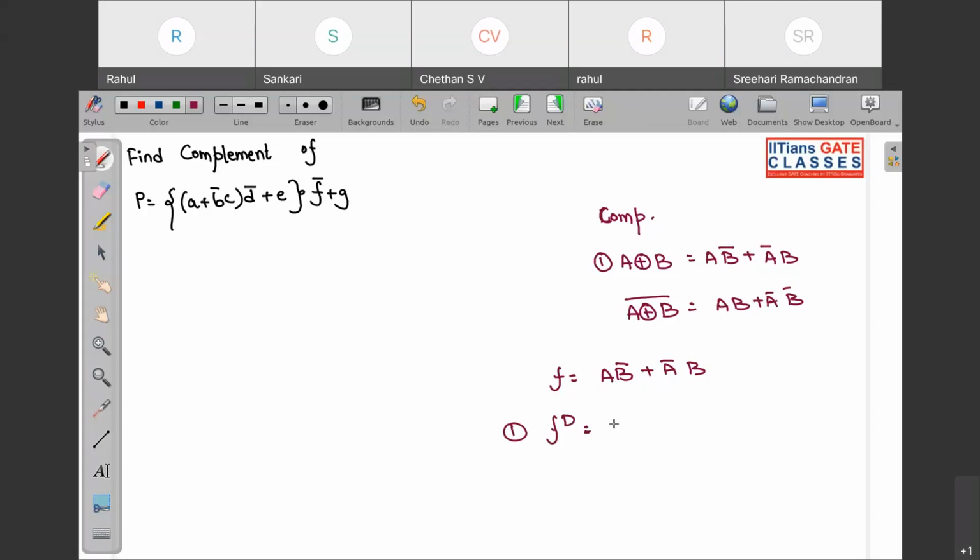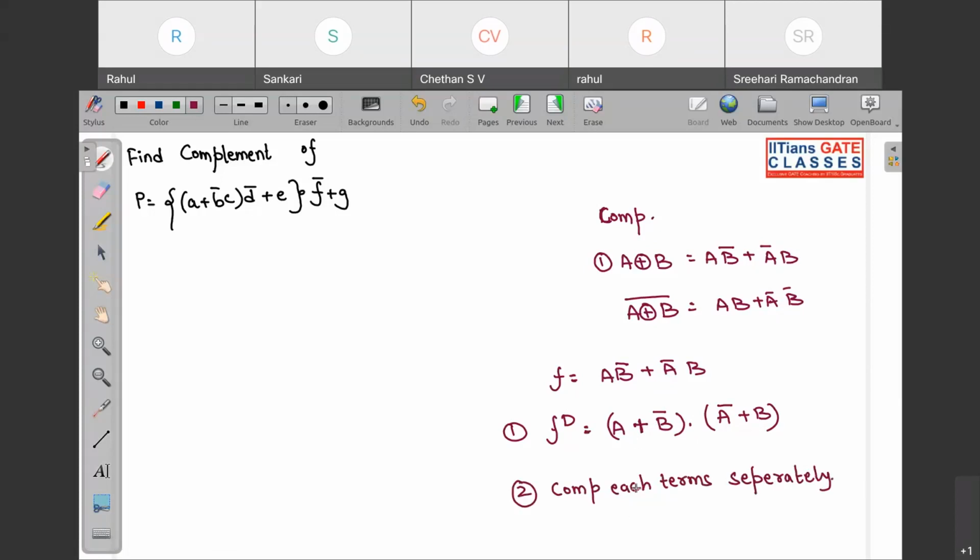So if I take the dual, this will be A plus B complement, and this will be dot, plus will be replaced with a dot. Next step is to complement each of the terms separately.